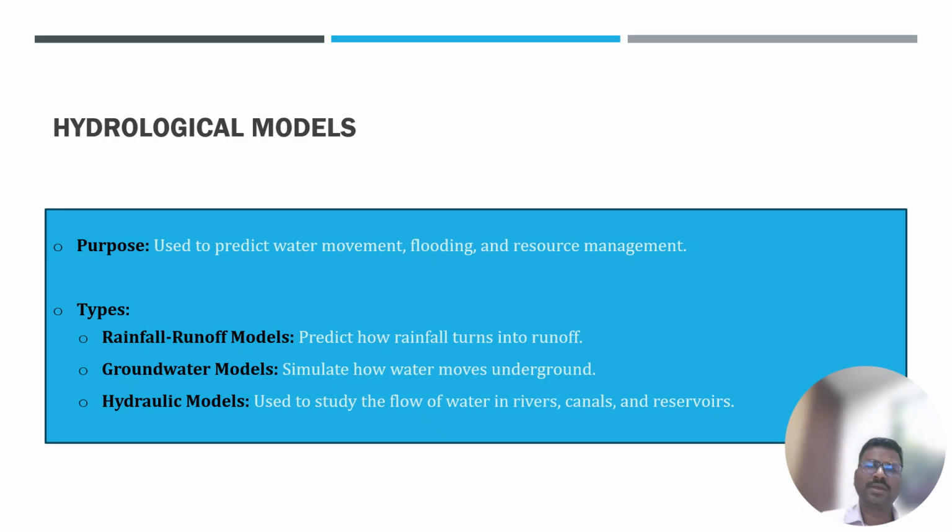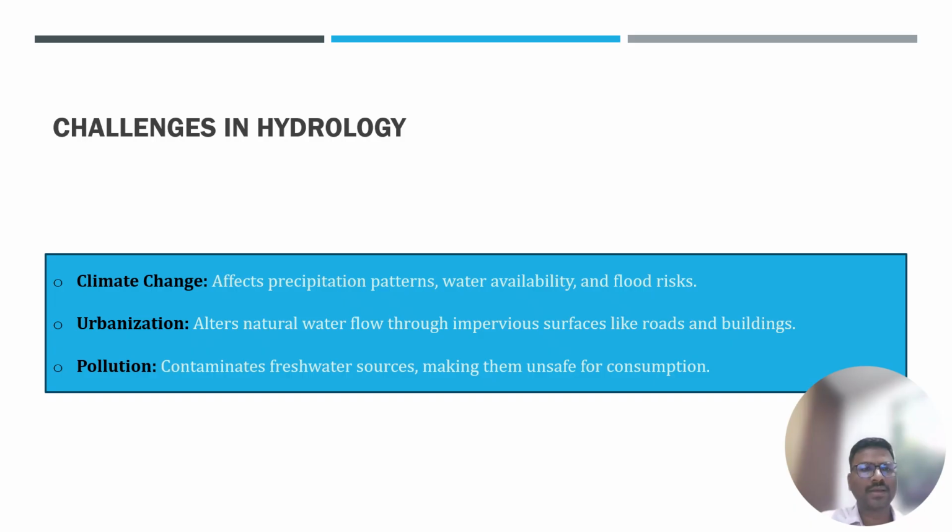There are several models like HEC-HMS and MIKE 11, which are used for the rainfall runoff model. Then the groundwater models simulate the water that is moving in the subsurface. We can use MODFLOW, we can use FEFLOW. Hydraulic models are used to study the flow of water in rivers, channels, and reservoirs.